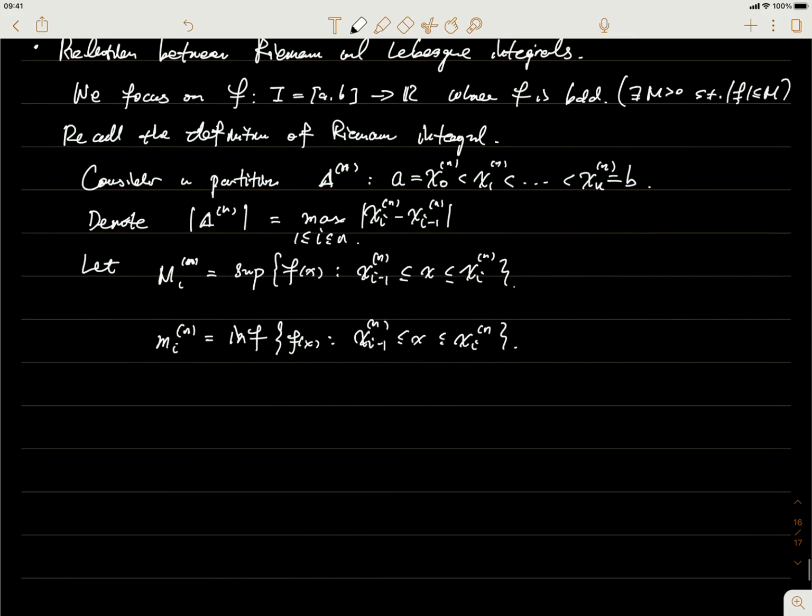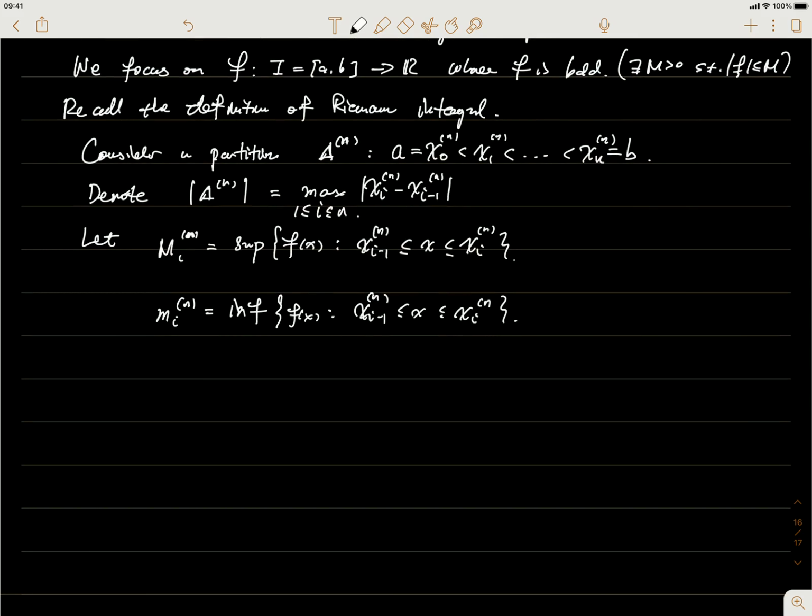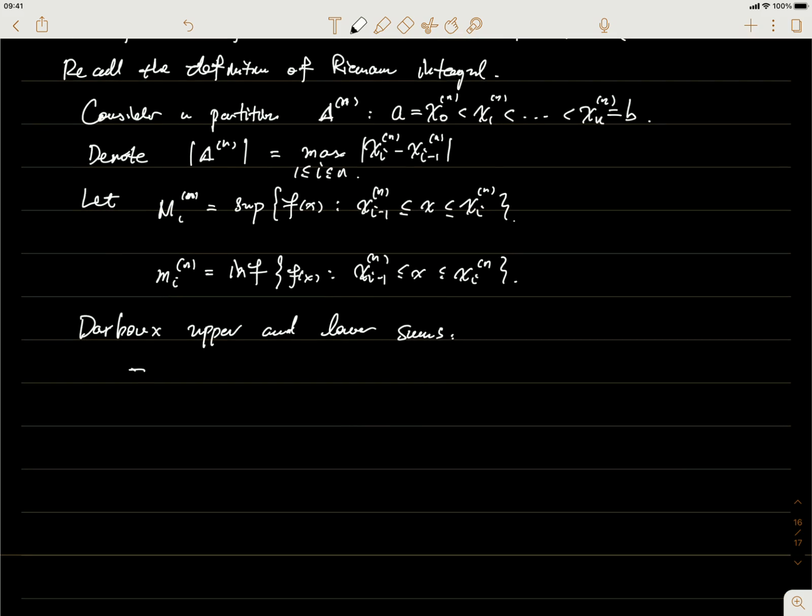Okay, and with this, we can define the so-called Darboux sums, the Darboux upper sum and lower sum, which is defined as the sum of M_i^n times (x_i^n minus x_{i-1}^n).